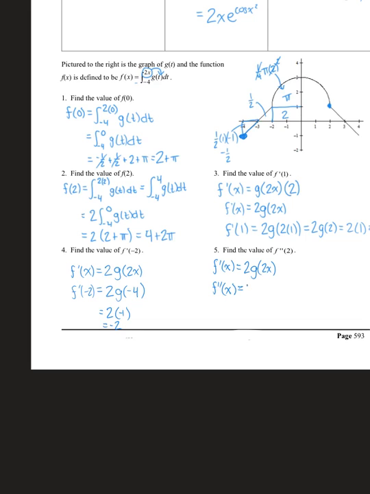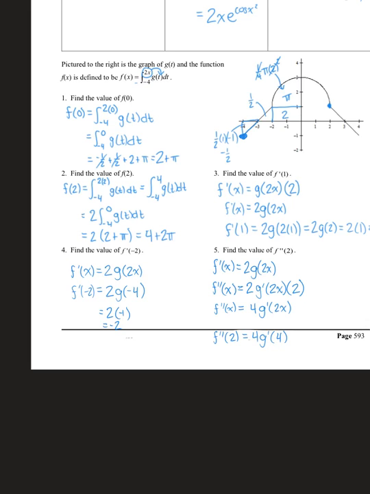The 2 out in front is just going to stay there. So if you remember chain rule, it is g prime of 2x, and then don't forget the derivative of the inside, which is 2. So f double prime is 4 g prime of 2x. If you wanted to find f double prime of 2, it's 4 g prime of 4.